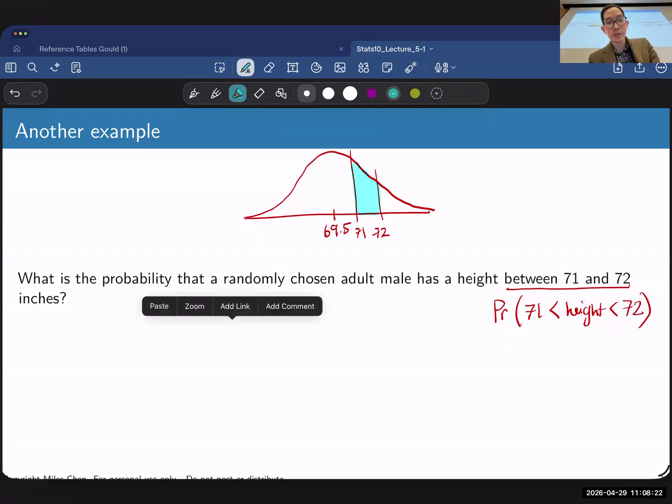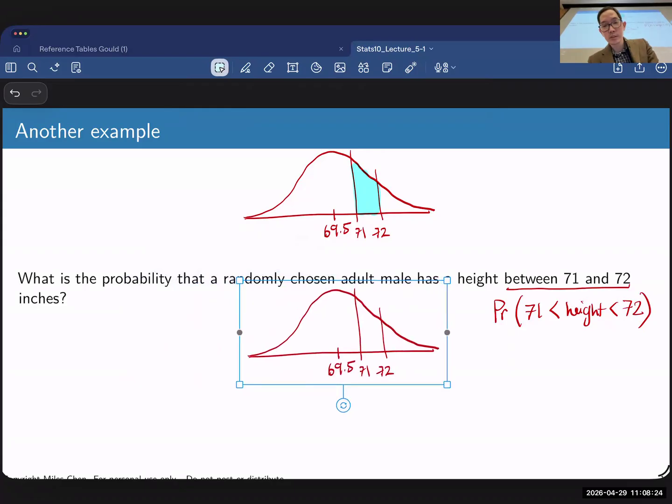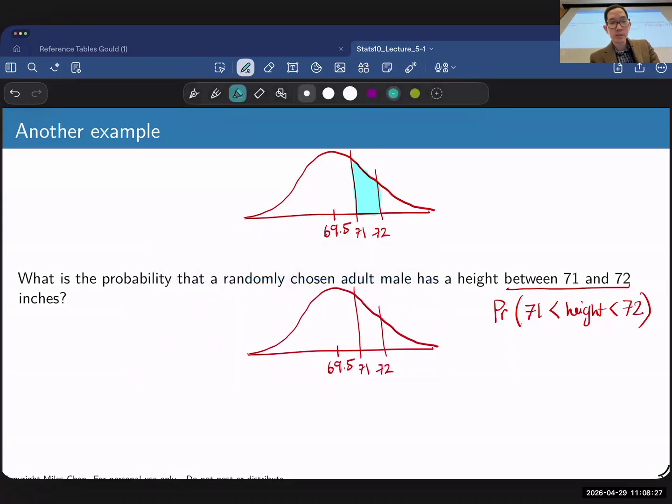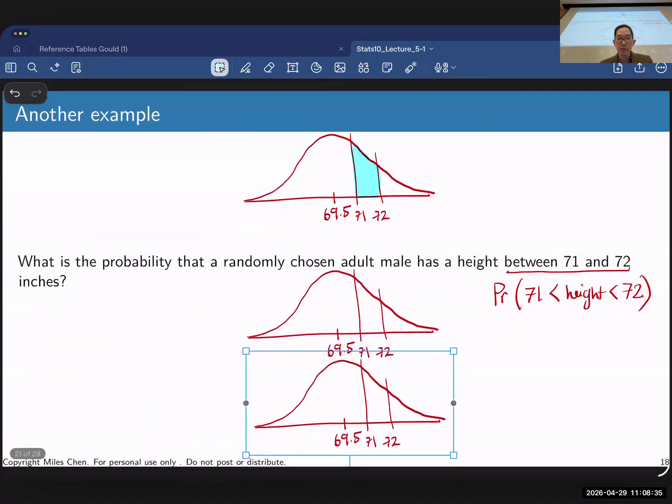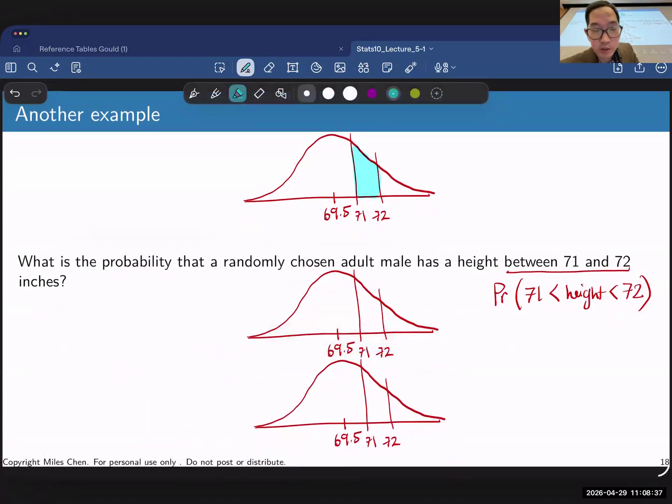And the way we're going to calculate this is we're going to say the area in between is everything to the left of 72 minus everything to the left of 71. So we're going to take that and we're going to subtract off this portion.